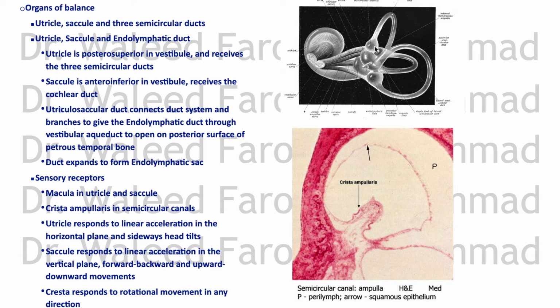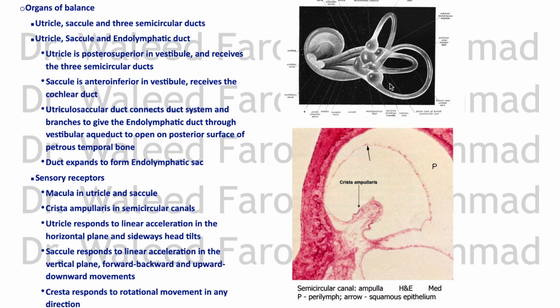And that's why they are three, to cover the three dimensions, and semicircles because every diameter here represents a point of movement. So we have infinite movements that we can balance within.